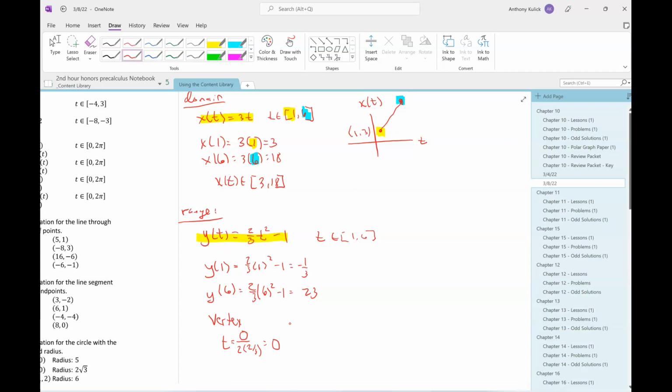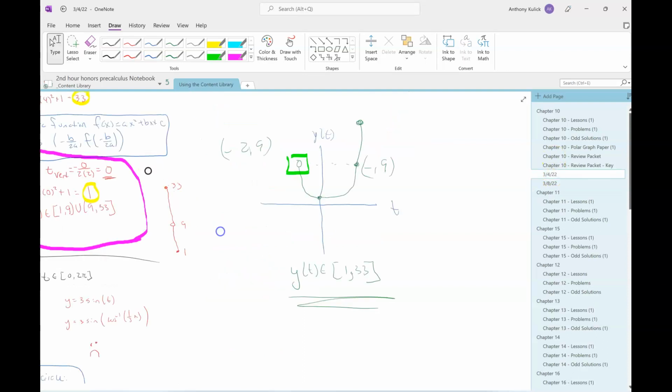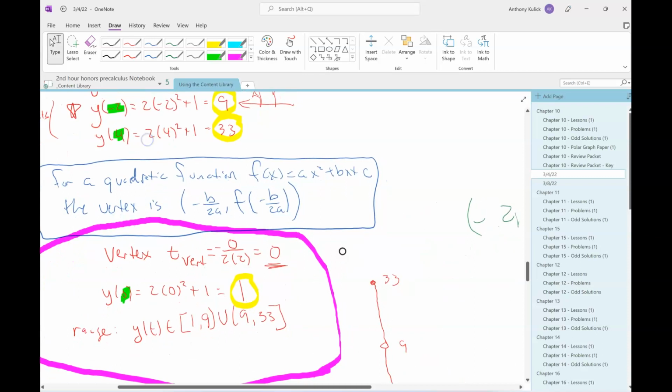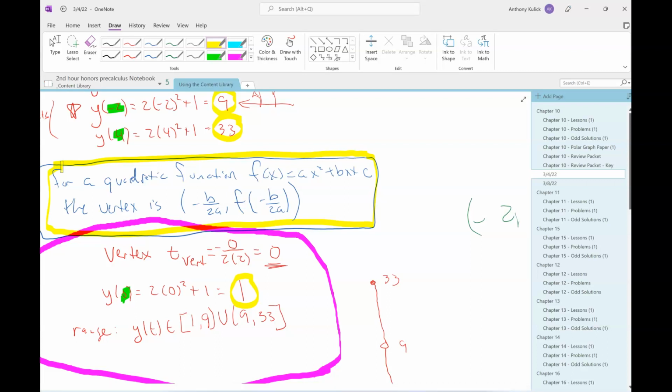Wait, so what is that vertex equation again? Okay. So yesterday we had that for a quadratic function, f of x equals ax squared plus bx plus c, the vertex is negative b over 2a, comma f of negative b over 2a.